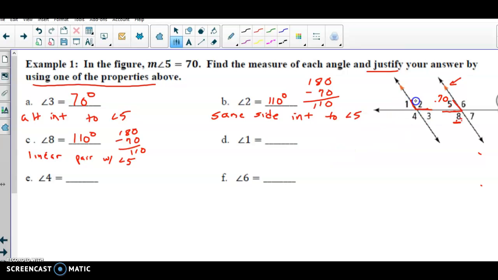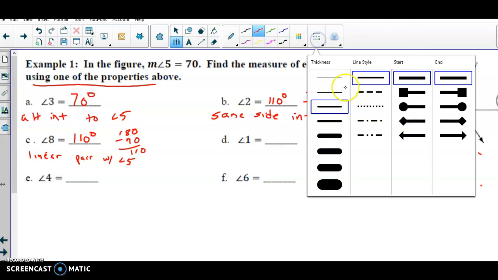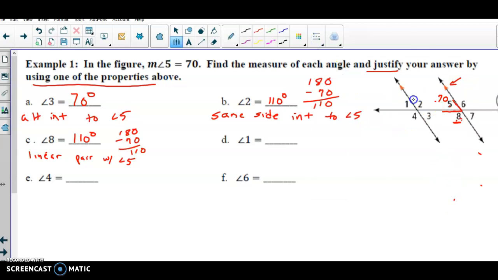Angle 1. Angle 1 is corresponding to angle 5. Let me erase this. Angle 1 is right here. So it's going to be corresponding to angle 5. Notice how I'm always using this angle 5 up here as my justification if I can. So it's also going to be 70 degrees because corresponding angles are congruent.